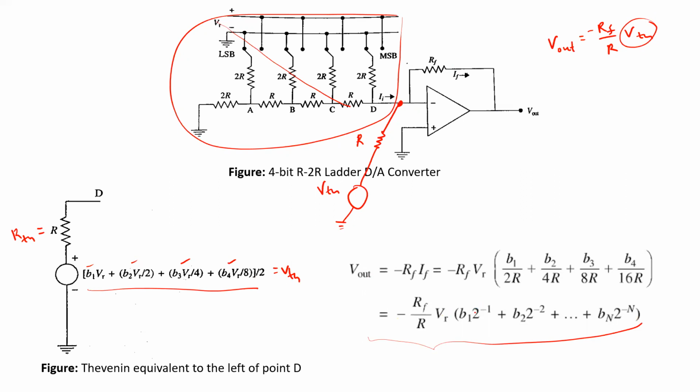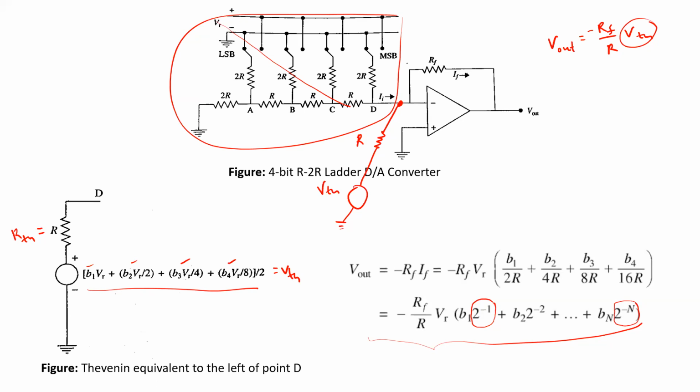So looking into this expression, you can again see that the weightage is given more on the MSB, and it is gradually decreasing with the smallest weightage to the LSB.